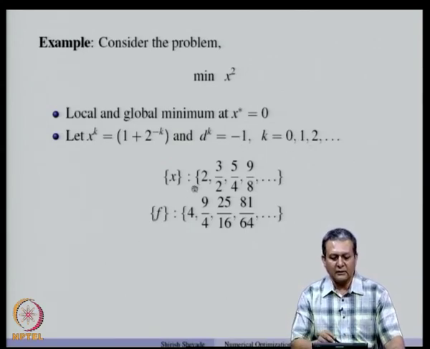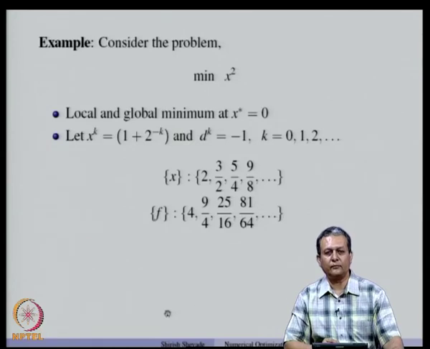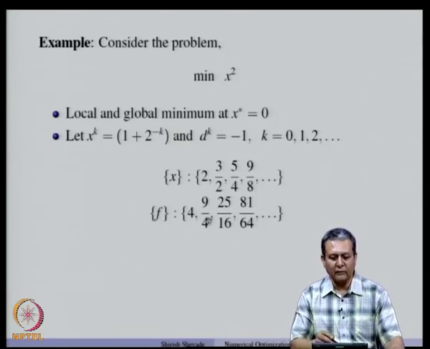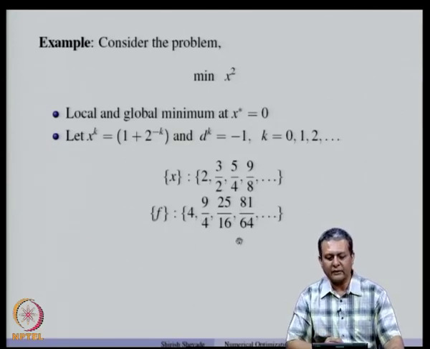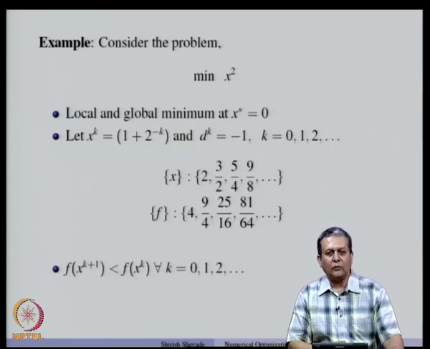So, the sequence generated by the algorithm is 2, 3 by 2, 5 by 4, 9 by 8 and so on, and the corresponding function values are 4, 9 by 4, 25 by 16 and so on. Now, you will see that again the function value decreases in every iteration. So, that condition is ensured, f of x k plus 1 less than f of x k.